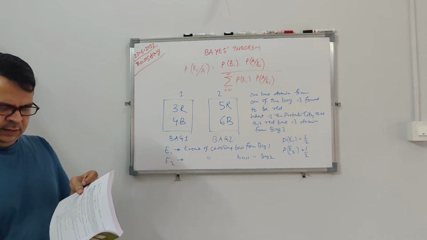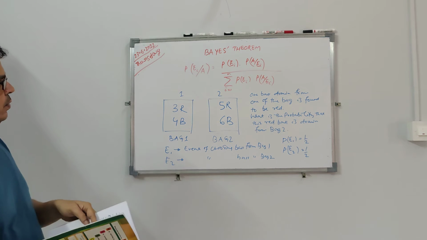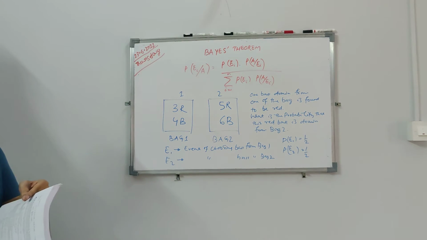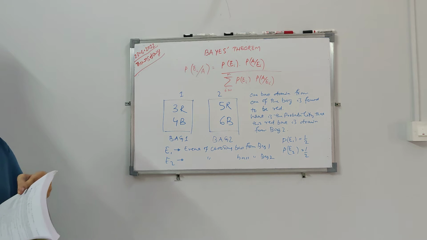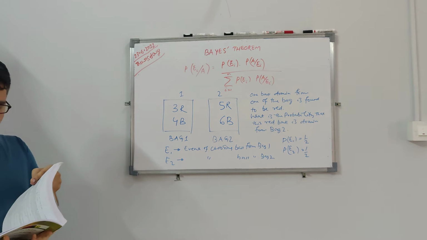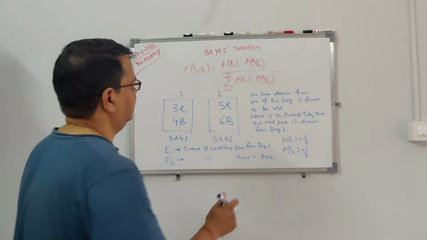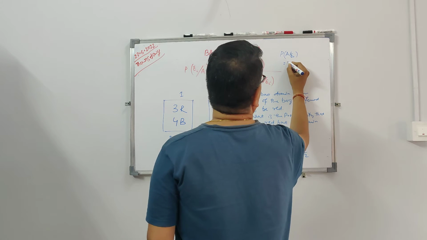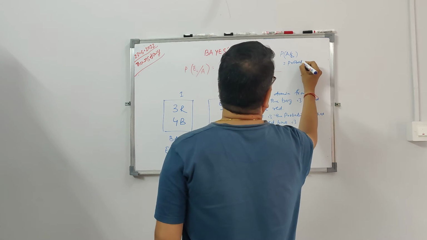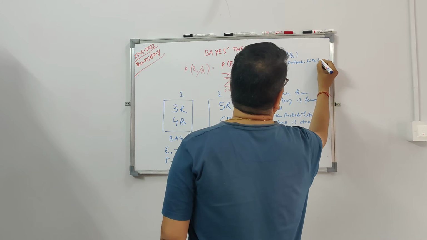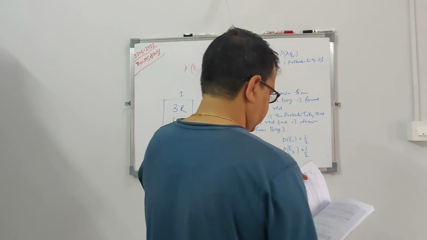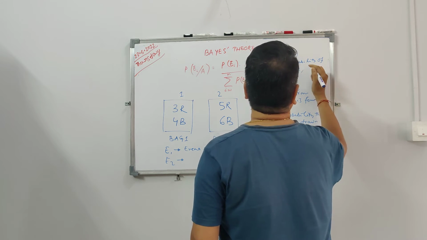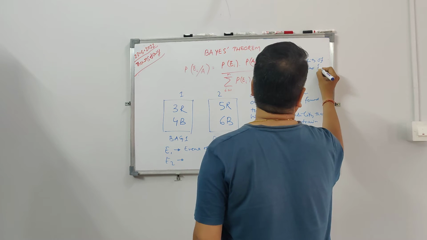Then these terms we have to now find out. The probability of A given E1 is the probability of drawing a red ball from bag 1.